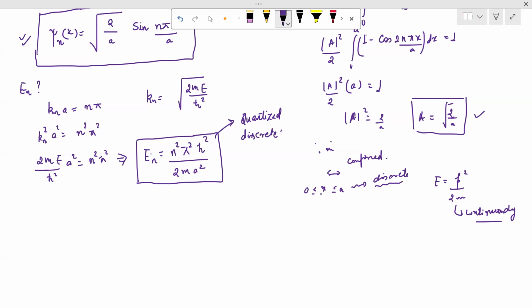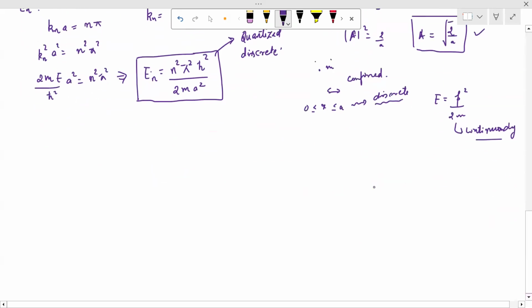So the particle of mass m which is confined in a region from 0 to a can only have some discrete energy values, which is in contrast with classical physics where a confined particle will have a continuous spectrum of energy.